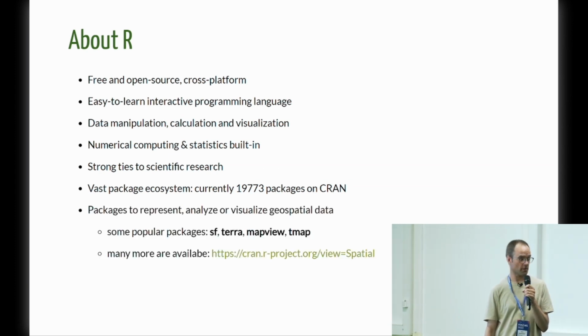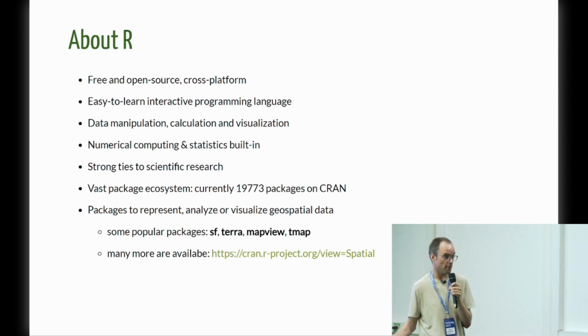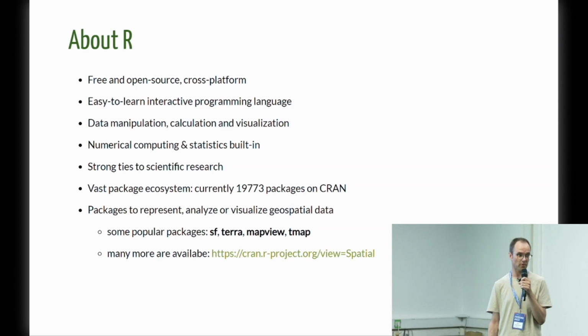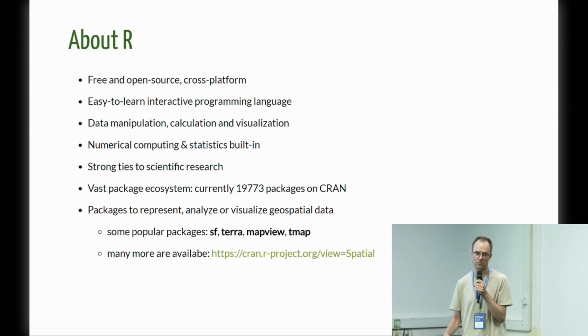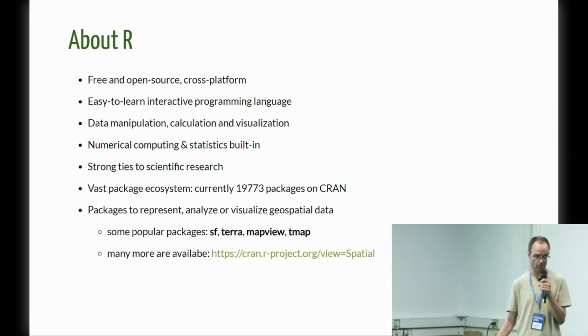And of course, there are also quite a few packages to represent, analyze or visualize geospatial data. A few of these, sf and terra, are quite popular nowadays to represent vector and raster data. There are also stars, and there are still others. For the visualization, there are also quite a lot.